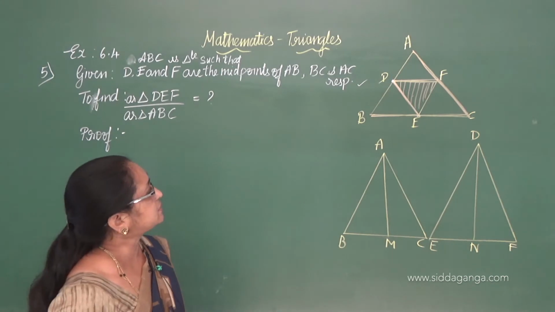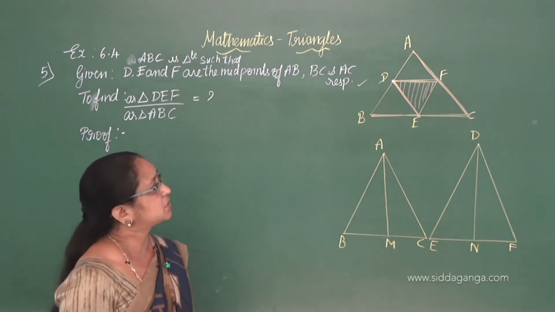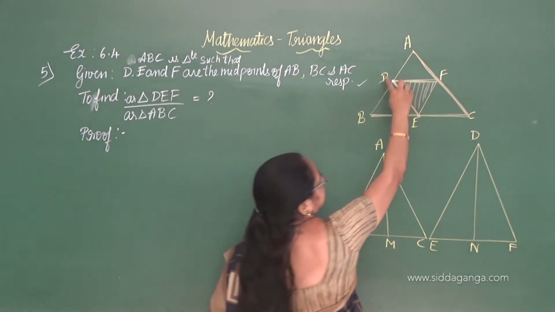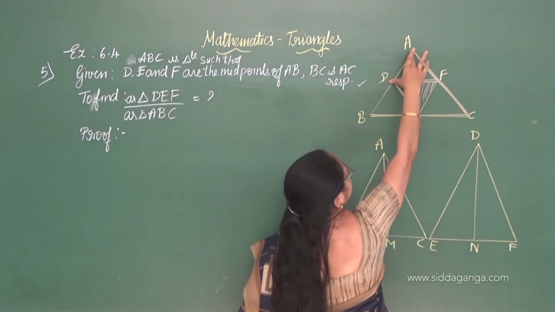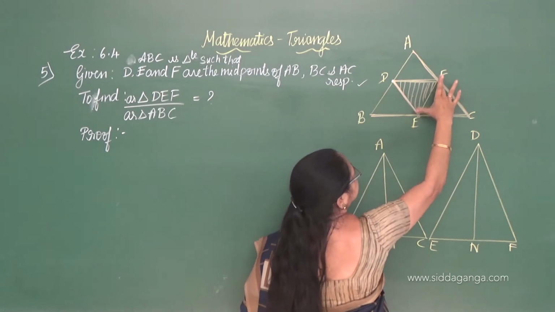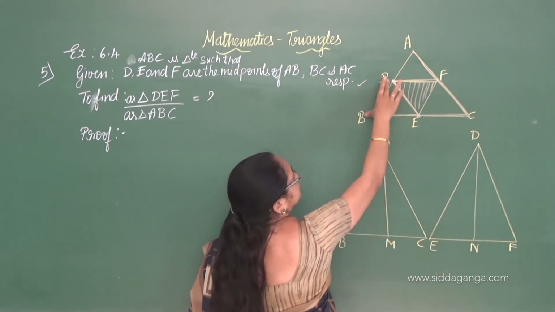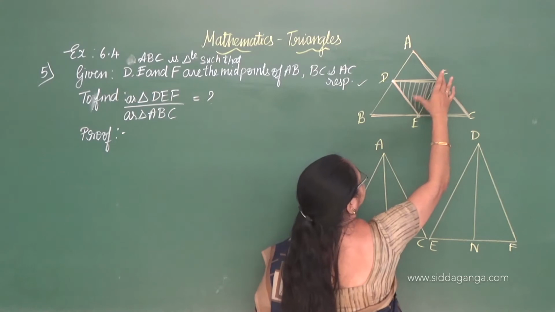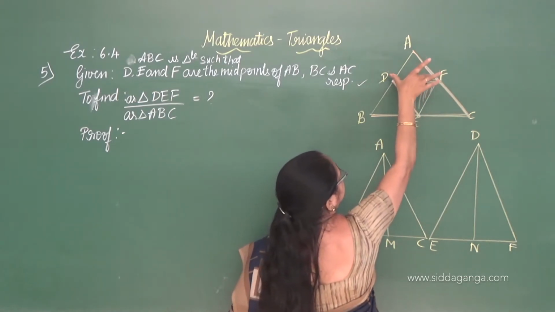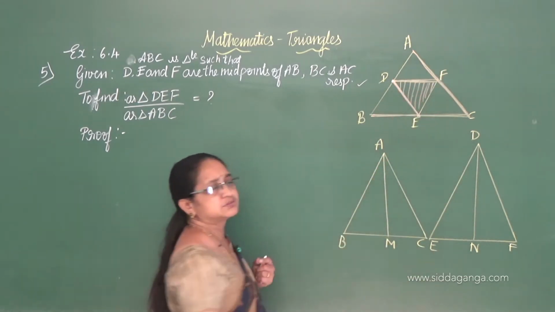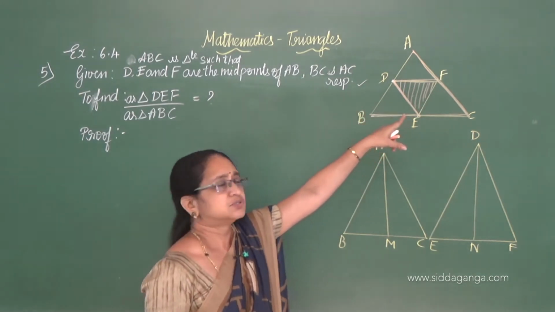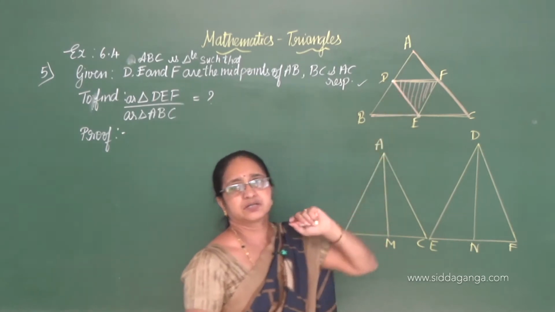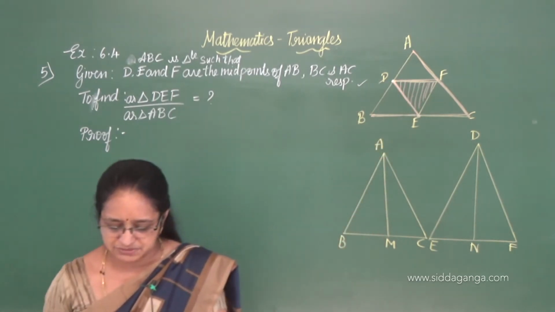So here we will get two parallelograms because DE is parallel to AF, same way AD is also parallel to EF, and DB is parallel to EF, same way DF is parallel to BE. So we have three parallelograms there. I am considering only two parallelograms. So that part we shall write now.